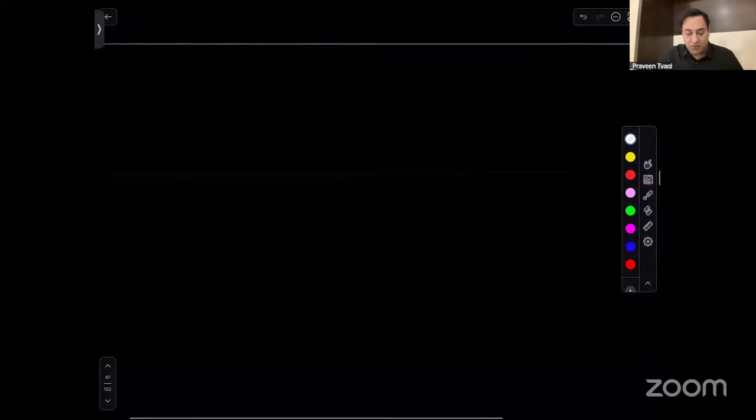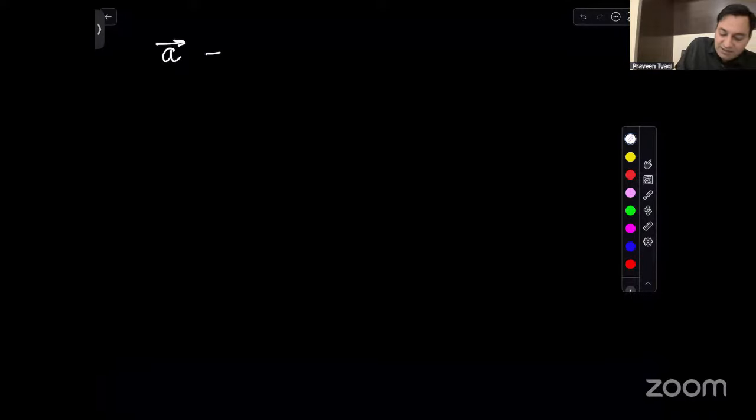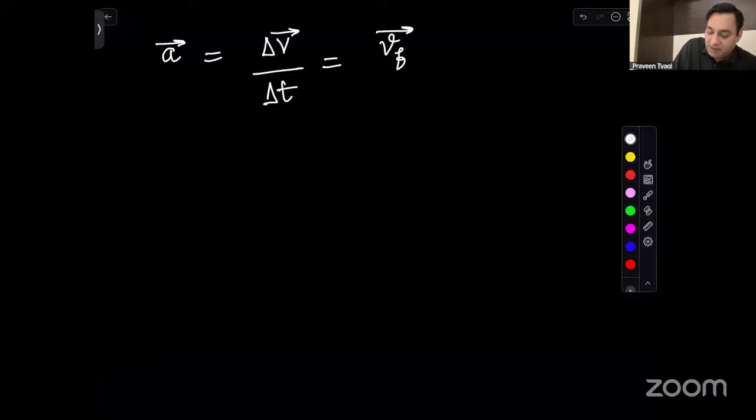Now, you have heard, how do we define acceleration? Acceleration is the rate of change of velocity, that is, change in velocity divided by time taken. This can be written as final velocity minus initial velocity divided by time taken.